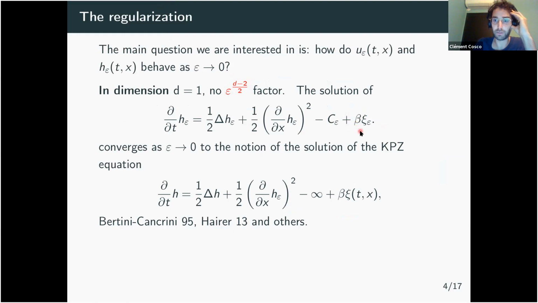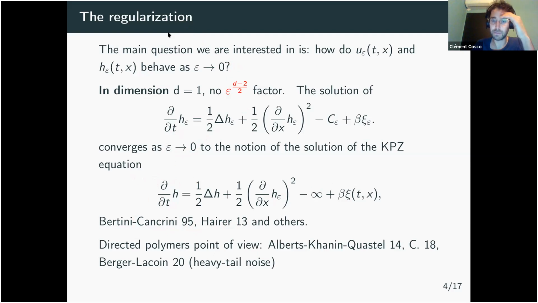And if you take the solution and take the limit to 0, you end up with a non-trivial object, which is the definition of the solution of the KPZ equation. This comes back to works of Bertini and Cancrini, going via the Hopf-Cole transform for the stochastic heat equation, but you can do it directly for H epsilon, and there are many works by Hairer and others that have been doing that.